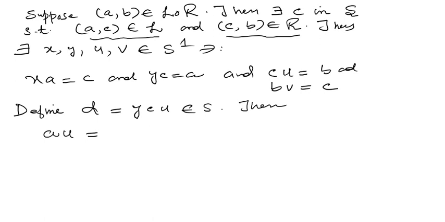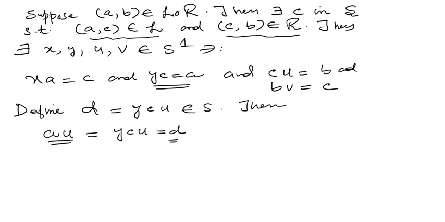A is YC, so it's YCU, so that's equal to D. So AU is equal to D.